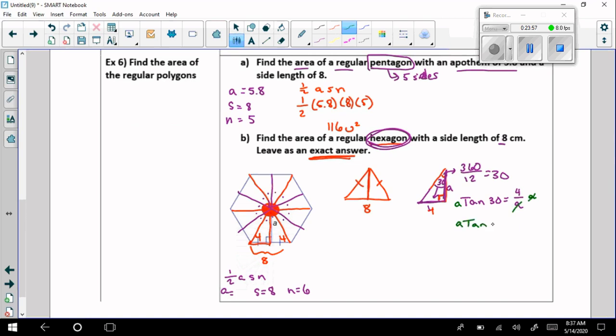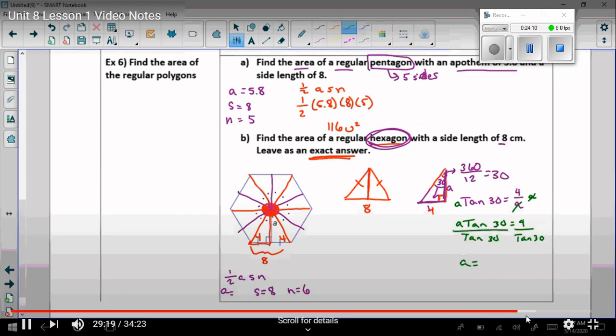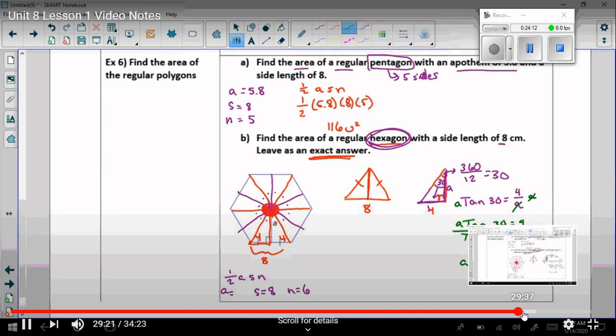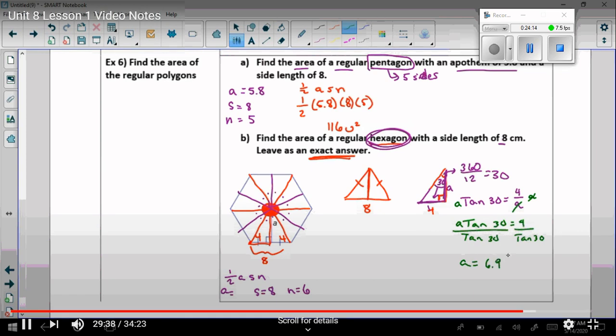So A tan 30 equals 4. Divide by tangent 30, and then type that in your calculator, 4 divided by tangent 30, and it should give us the apothem, 6.93.